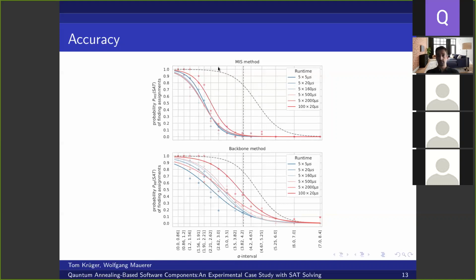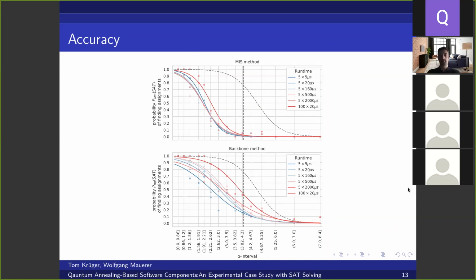So this is the relative amount of satisfiable instances, and we want to get as close as possible to this dashed curve. On the top we have the MIS method, and on the bottom we have the backbone method, and we can see that we really get a better accuracy in our results, much closer to this optimal curve.